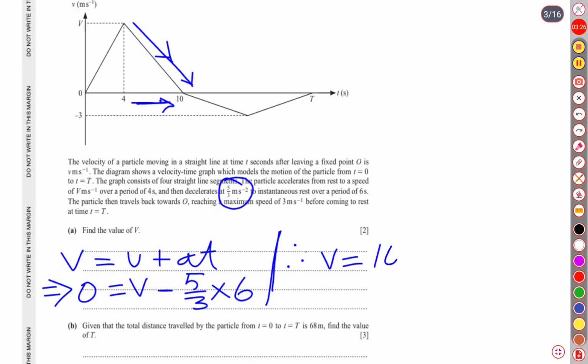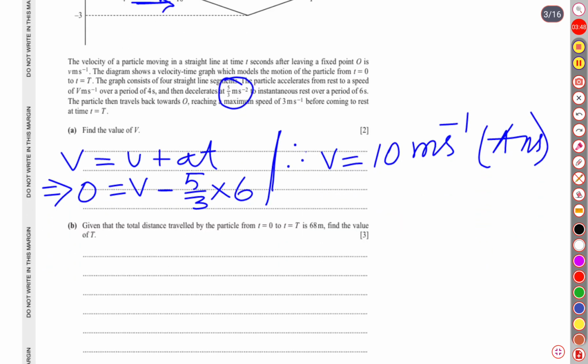So velocity v is equal to 10 meter per second, only 10 is sufficient because the dimension has been given. That means the maximum velocity when it was moving onward was 10 meter per second.